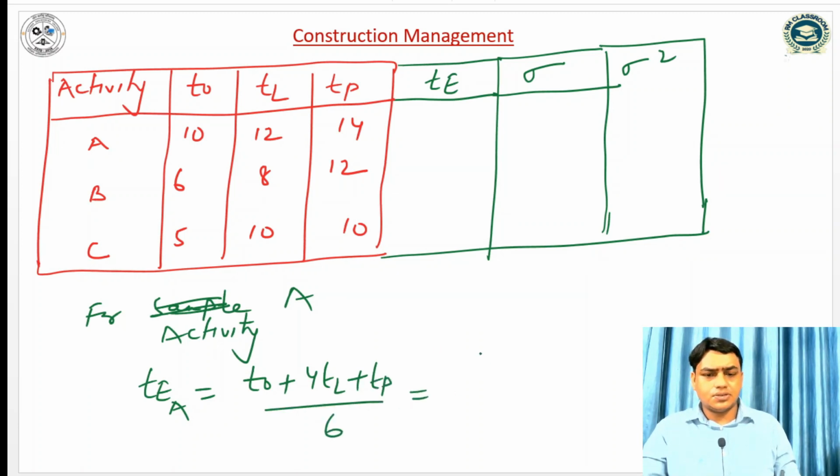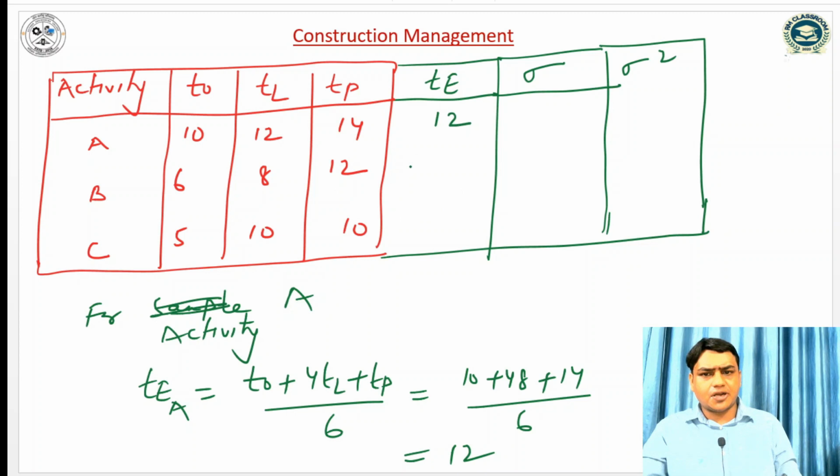So it is T0 is 10 plus 48 plus 14 divided by 6, so it is coming 12. So the expected time for activity A is 12.